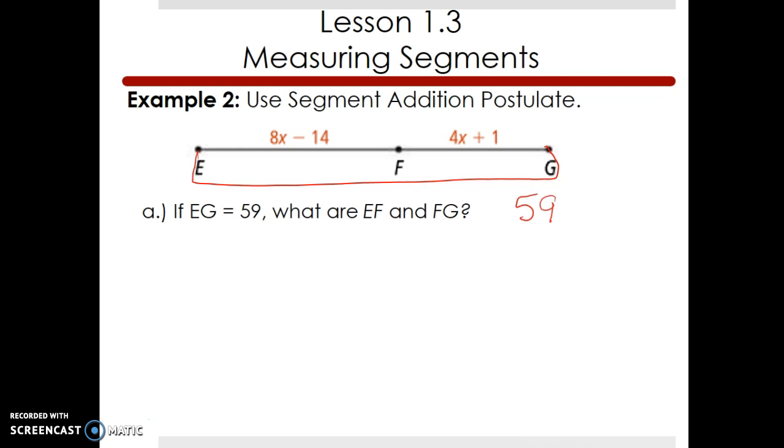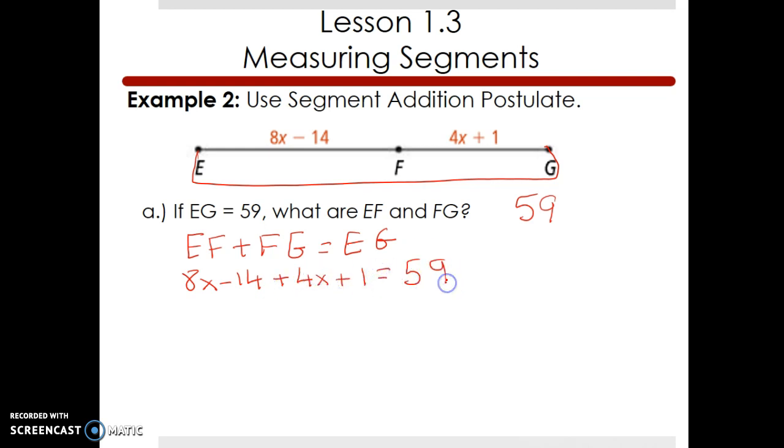Well, what do you know about this? We know that EF plus FG equals EG. So we know that 8x minus 14 plus 4x plus 1 equals 59.